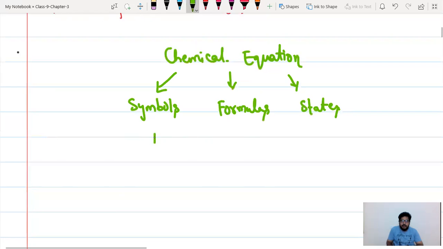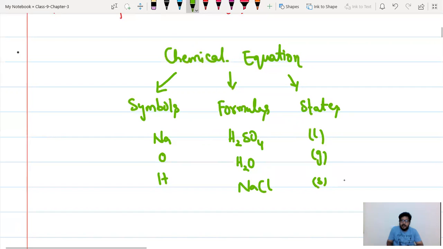So symbols like sodium, oxygen, hydrogen, etc. Formulas like H2SO4 means sulfuric acid, H2O water, NaCl sodium chloride, etc. States like liquid state, gaseous state, solid state, aqueous, etc.